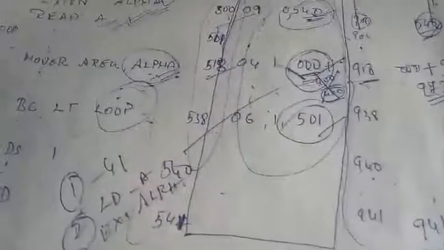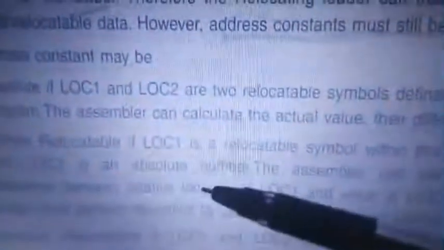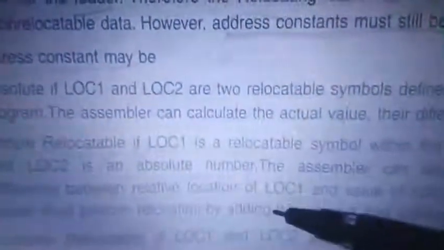If both are absolute, meaning they are known by the assembler, then there is no problem. If local 1 and local 2 are both symbols defined internally, then the assembler will calculate the value. But if L1 is relocatable within the procedure and L2 is absolute, then the assembler calculates the difference between the relative value of local 1 and the value of L2.